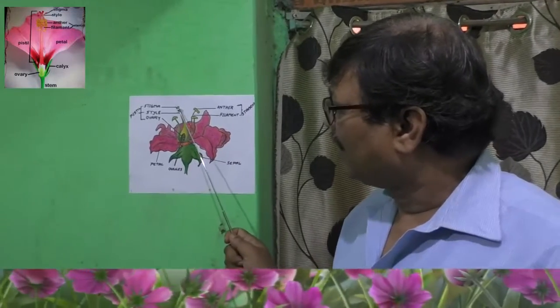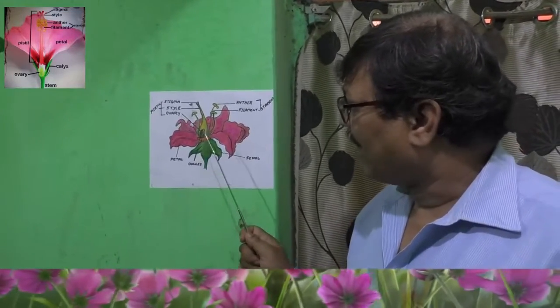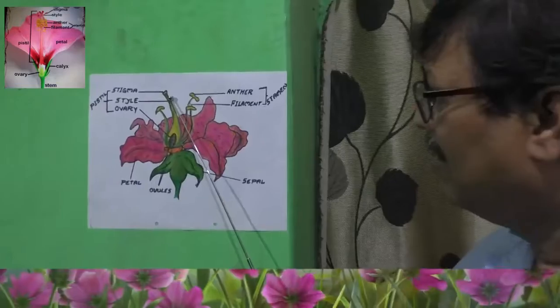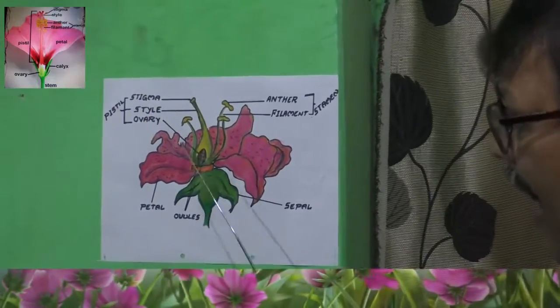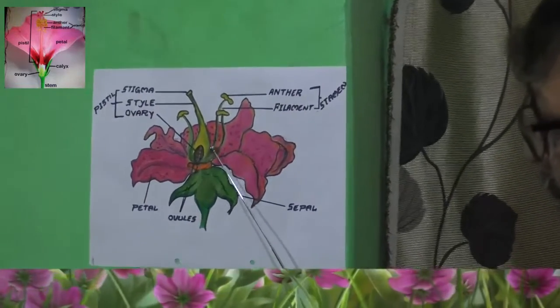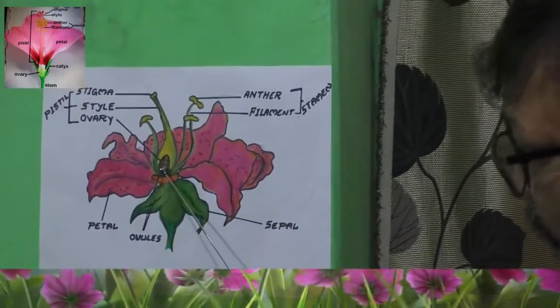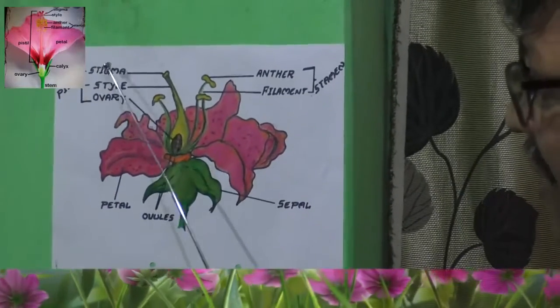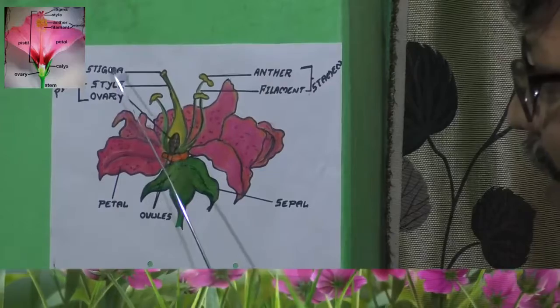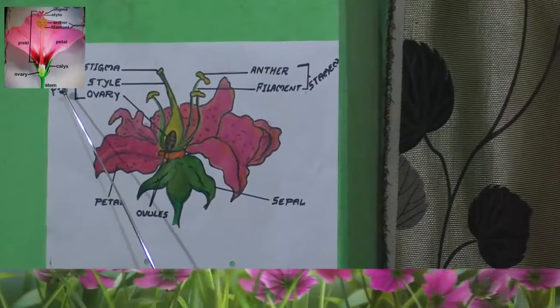And then here you can see this one. This is called the stigma, and the tube-like structure is called the style. And at the bottom, this is called the ovary. Inside the ovary there are ovules. And stigma, style and ovary together form the pistil, a part of a flower.